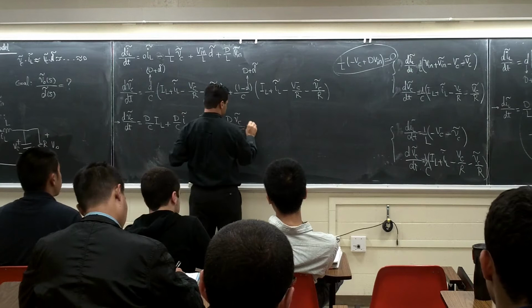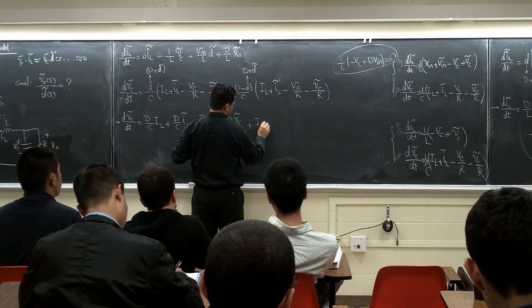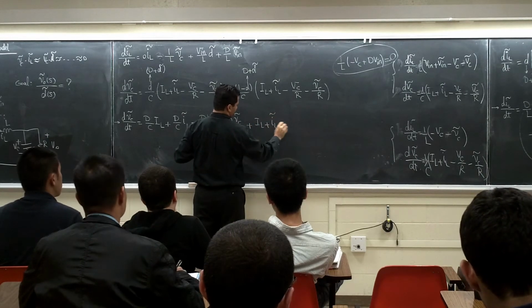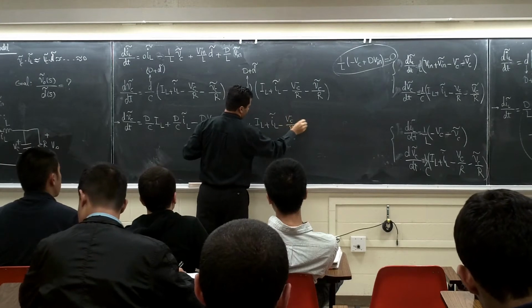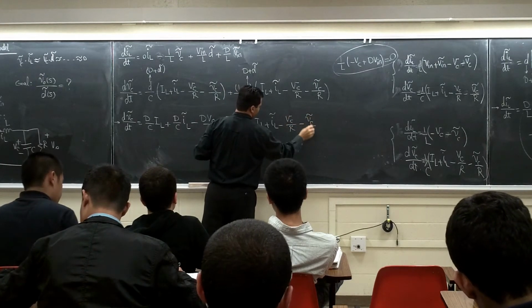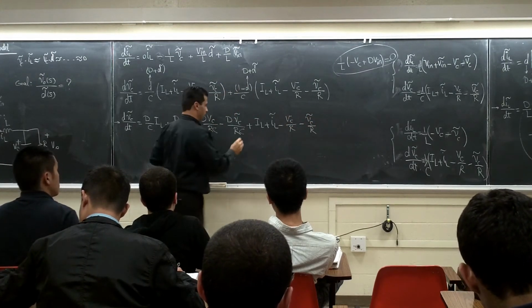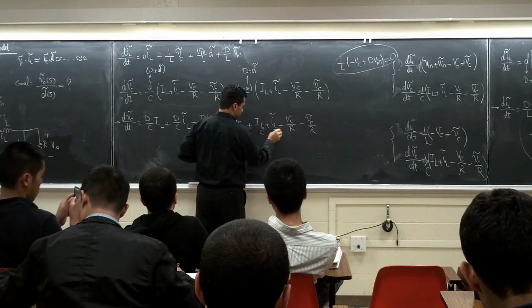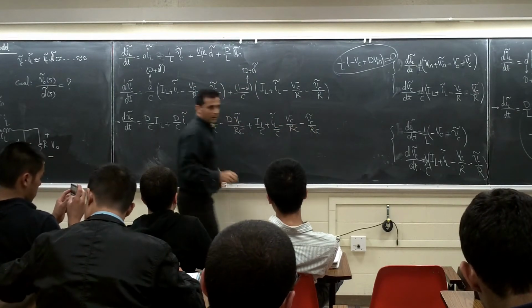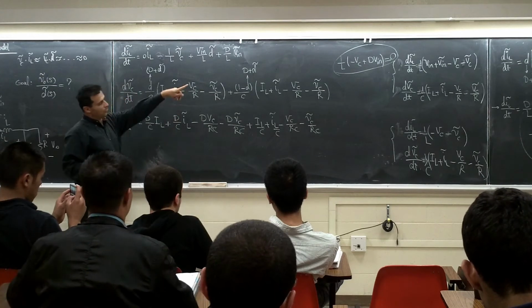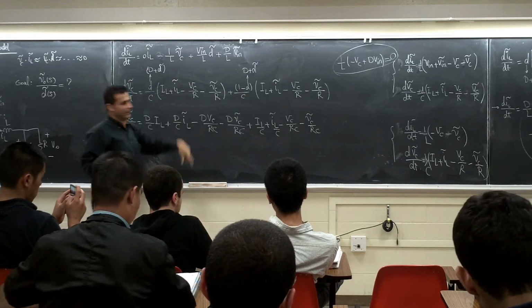It's going to be plus il plus il tilde minus dc over r minus dc tilde over r. So I time all divided by c. All divided by c. Now we go for capital D over c times that, right?